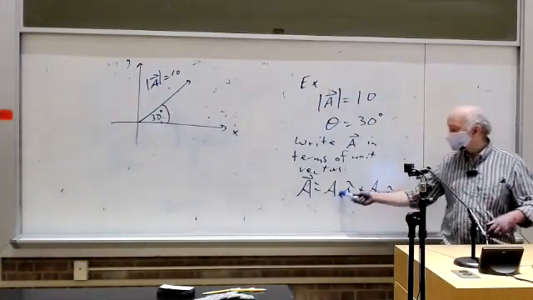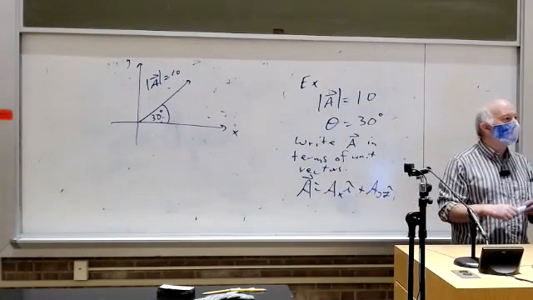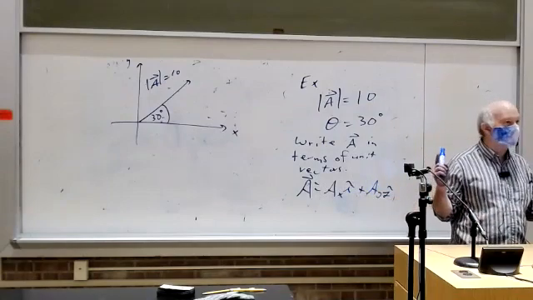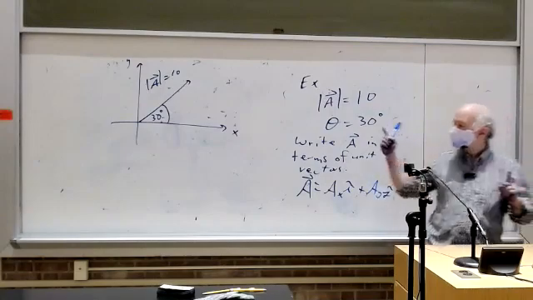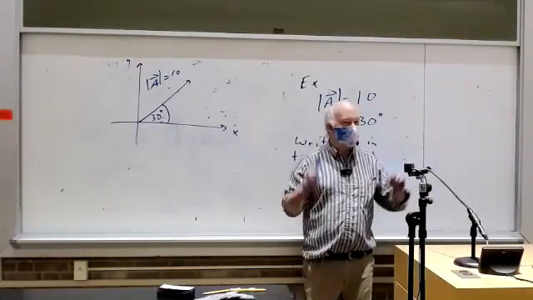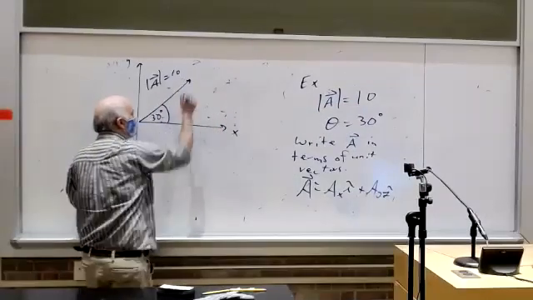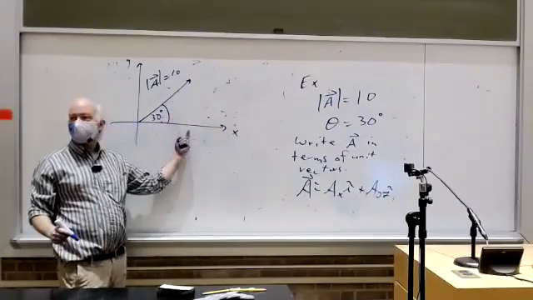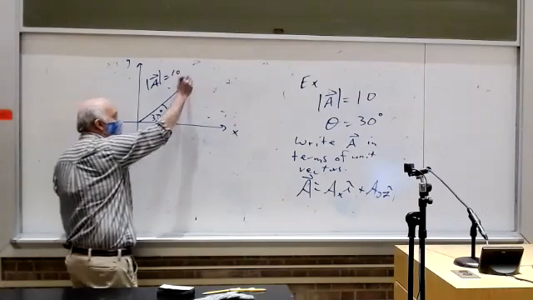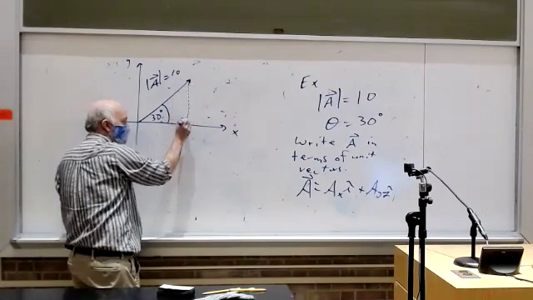Now, if I want it in terms of x and y components, I want to draw the x and y components for this. If you have a vector like this, how do you draw the x and y components? There's an easy way to do it. Go to the tip of the arrow and drop a perpendicular to your x-axis, like this.